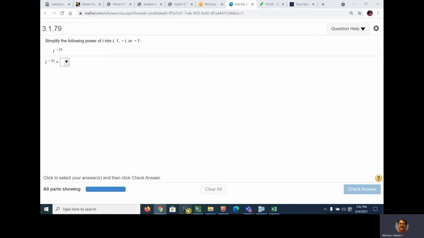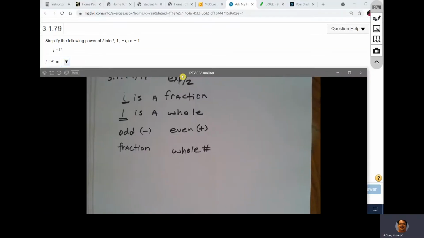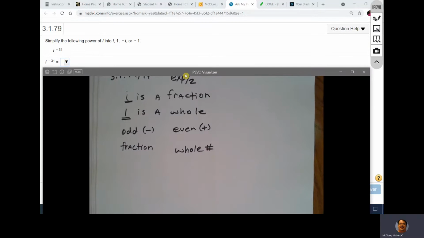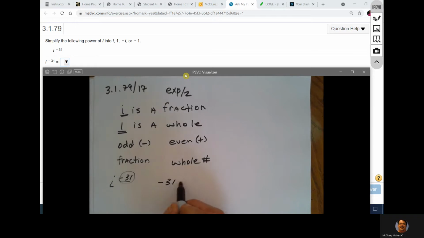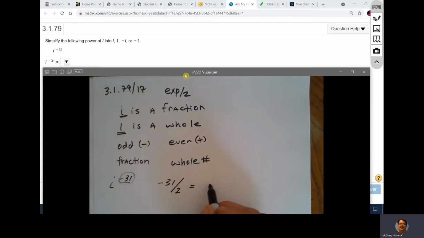Now this question says i to the negative 31 power. So I take that exponent and divide it by 2, and I get negative 15 and a half.